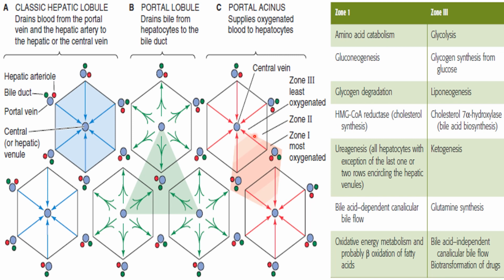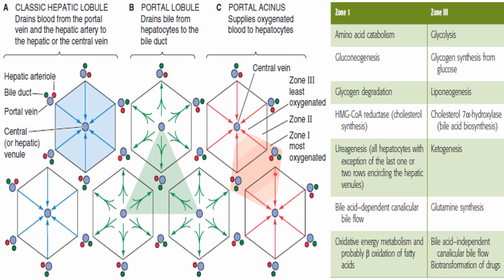zone 3. So the classic hepatic lobule drains the blood from the portal vein and hepatic artery to the central vein. The portal lobule drains bile from the hepatocytes to the bile duct. So you can see the direction of the flow. In the portal acinus, here you can see how it is divided into different lobes, supplying the oxygenated blood to the hepatocytes.